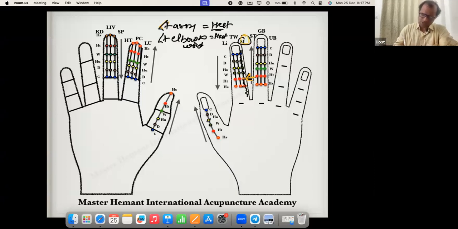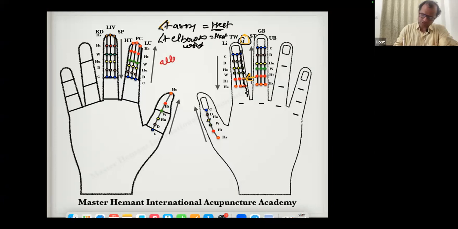For the treatment, there are allergic rashes. Sedate bind and sedate heat. The prime target is to sedate bind.